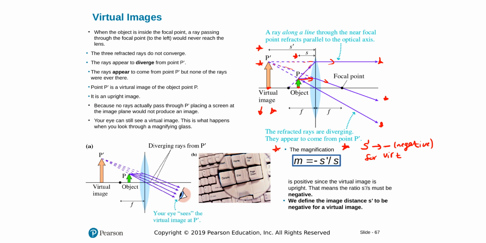Since I have a negative sign in front of magnification, magnification will end up being positive. And S prime will be positive if I have a real image.